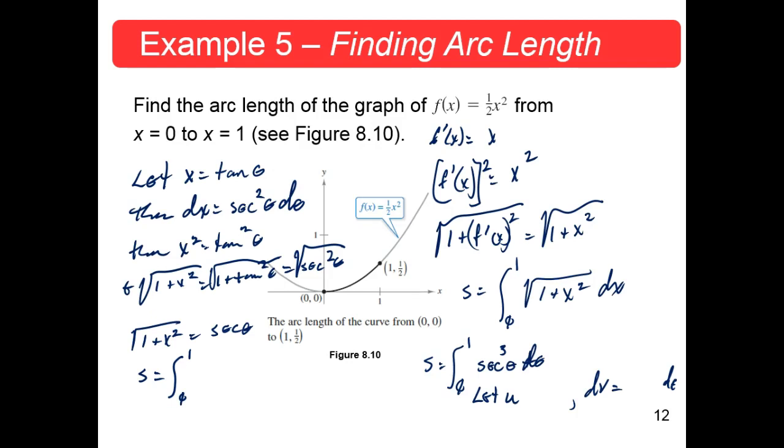So therefore, let secant squared be the dv, because it is the derivative of tangent. So that means the u is just going to be the secant part. It's a little backwards from what we usually did, but it works. So let u equal secant theta, and dv equal secant squared theta d theta.